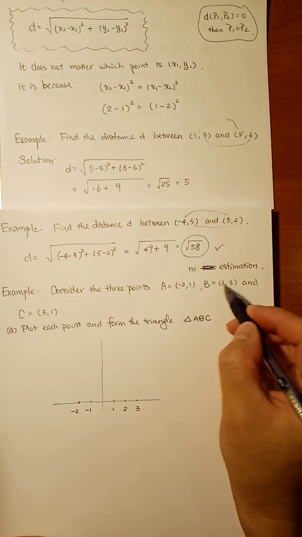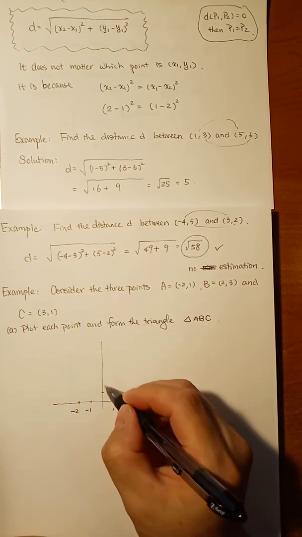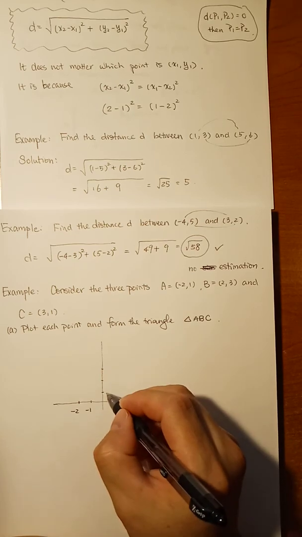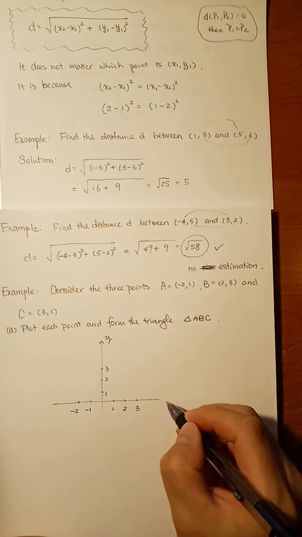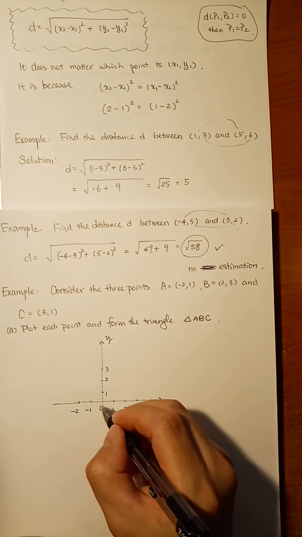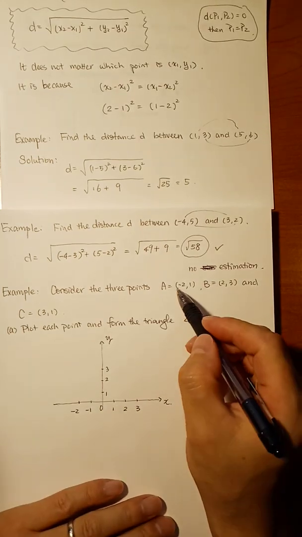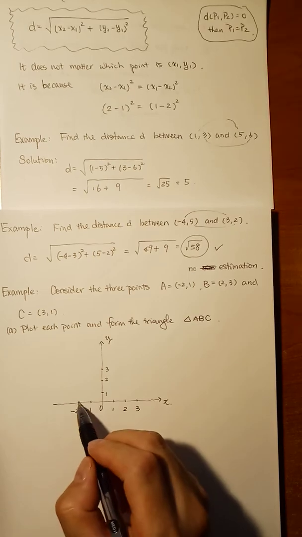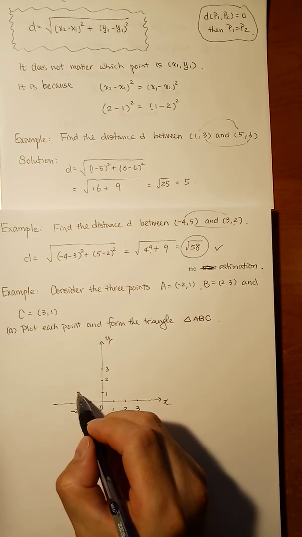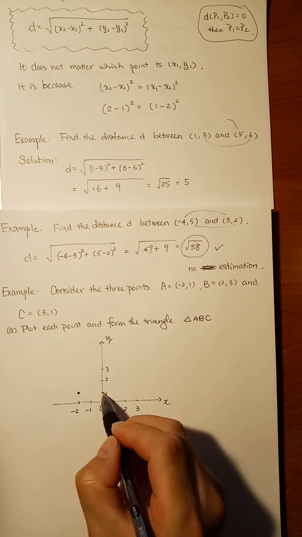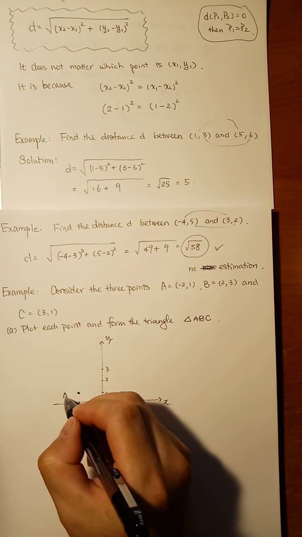Y coordinate 1, 2, and 3. This is the y coordinate, this is the x coordinate. It's a 0. Okay, so where is A? A is (-2, 1). If you have -2, 1, you go up. So this is point A.